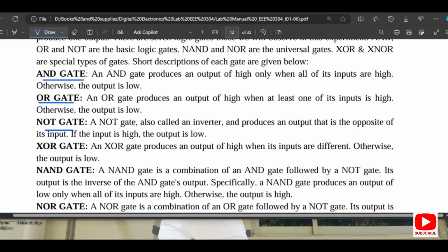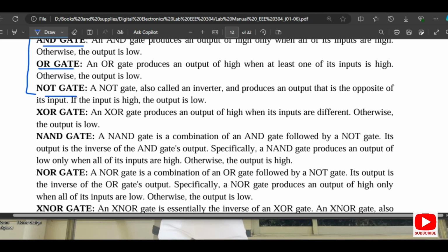And NOT gate means the inverter, where if the input is low the output will be high, and if the input is high then the output will be low. Basically the output will depend on the input and it is going to invert. These three gates are basic logic gates, and we develop different types of gates and ICs by using AND, OR and NOT gates.